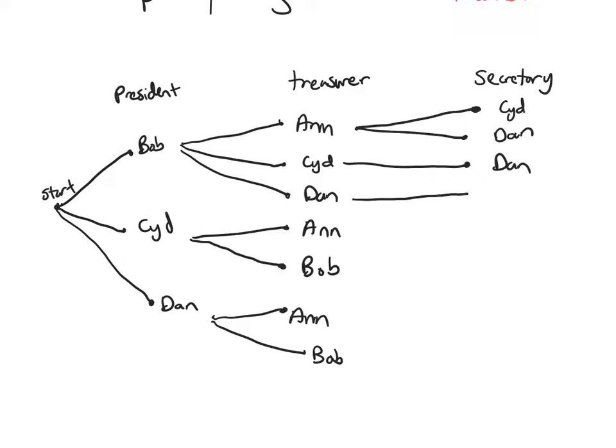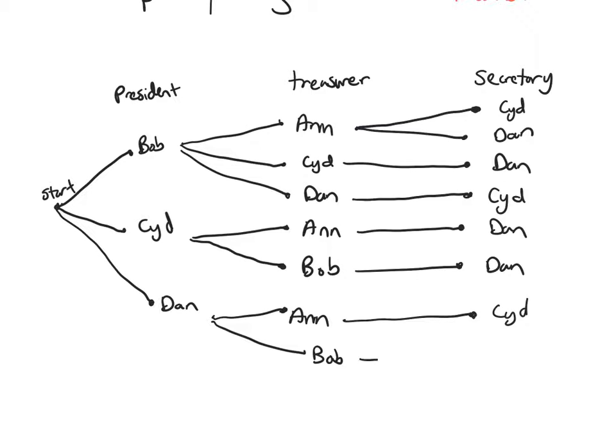Here, Dan was treasurer, so Sid would have to be secretary. Here, Sid was president, so Dan would be secretary. Same thing here, Dan would have to be secretary. And then here, Dan was president, so Sid would have to be the secretary.